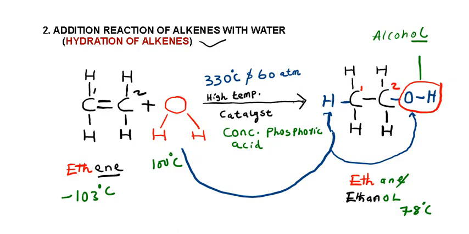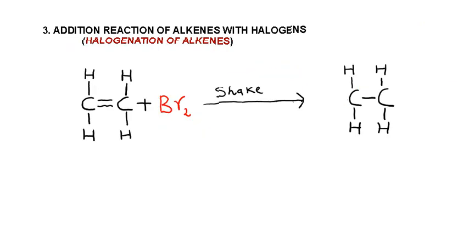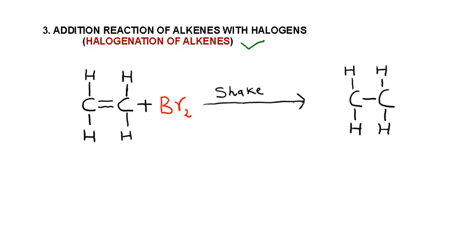Now, let's look at addition reaction of alkene with halogens. We can also call it halogenation of alkenes. Let's look at this compound here. This compound is called ethene.